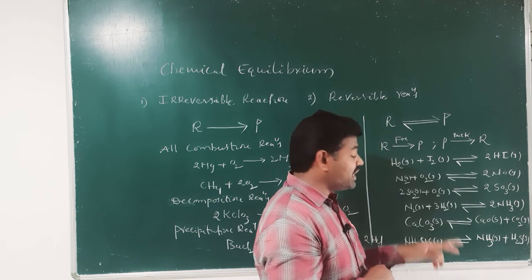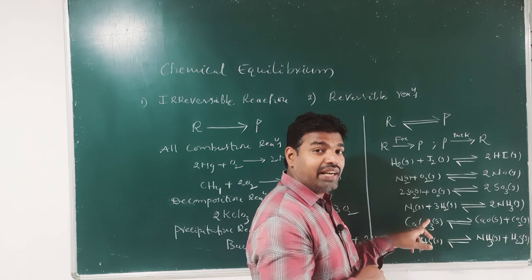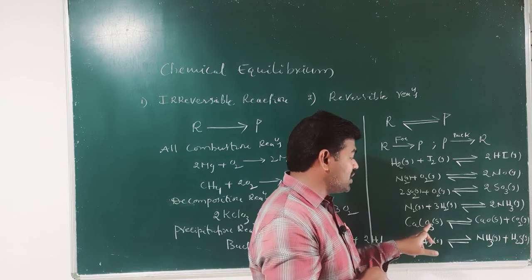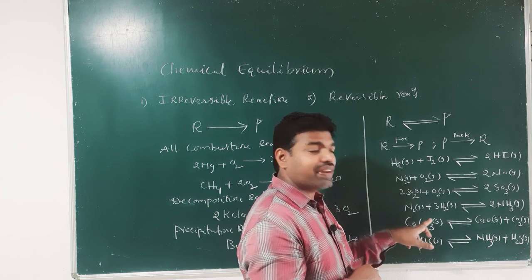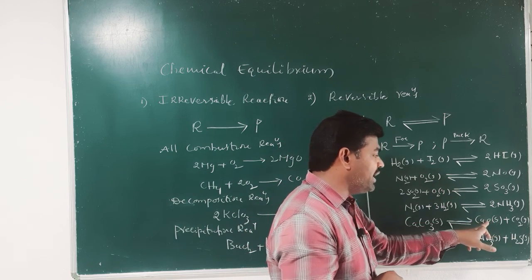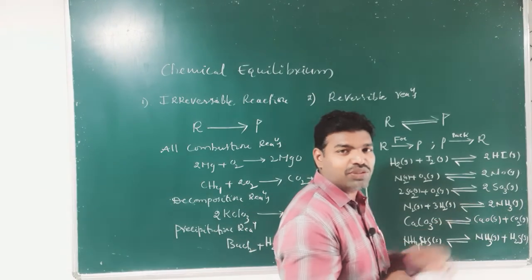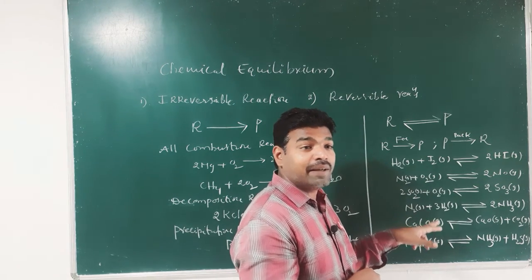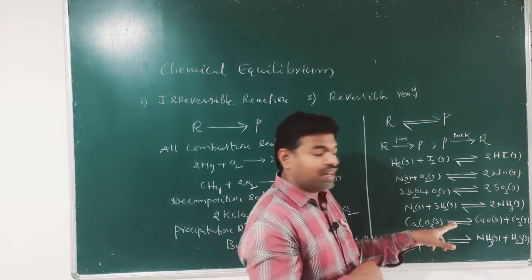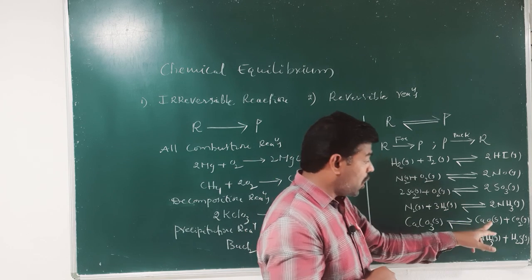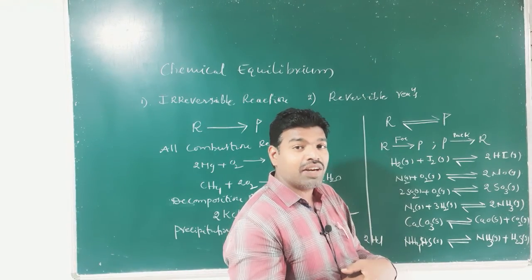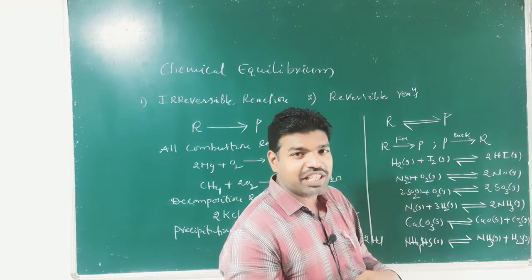This solid substance undergoes a physical process, because upon decomposition of calcium carbonate it forms a solid and a gas also. So it forms species in different physical states, solid and gas. So, in reversible reactions a physical process also takes place.